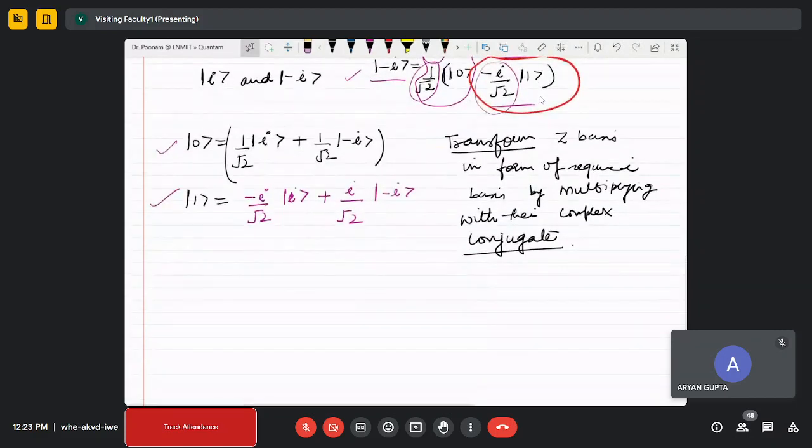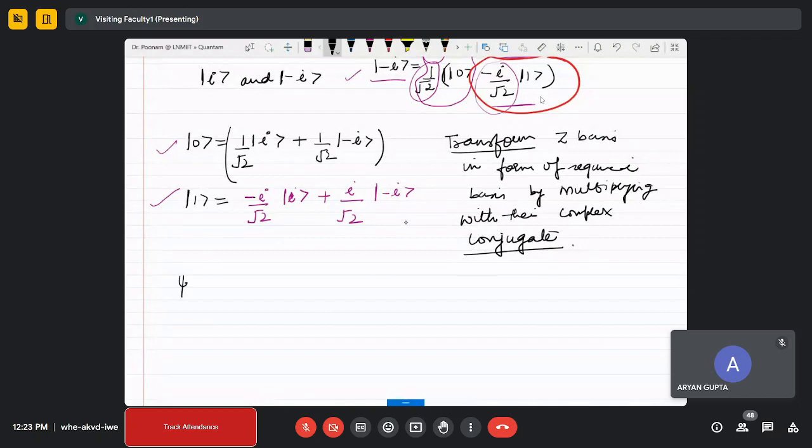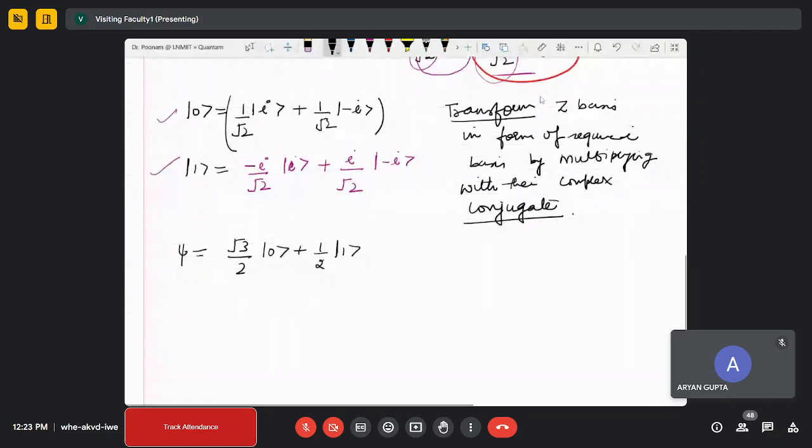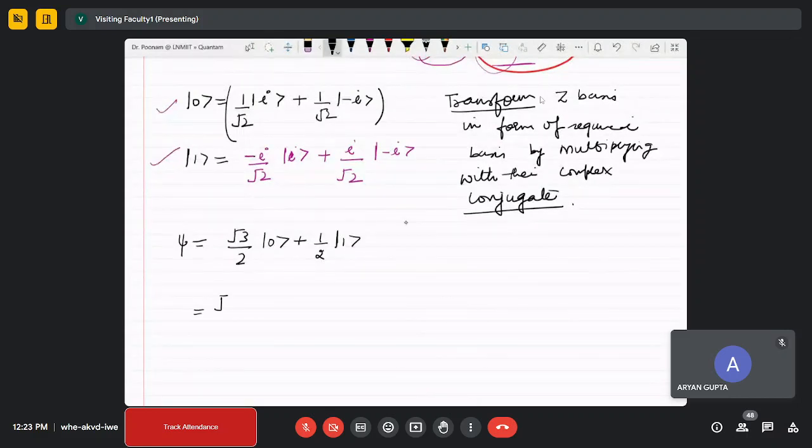Okay, now let's come to our original question, the qubit that you have to represent. This was your original qubit. Now to transform it, just simply substitute the values. Root 3 by 2. What is your 0? 1 upon root 2 plus iota, plus 1 upon root 2.